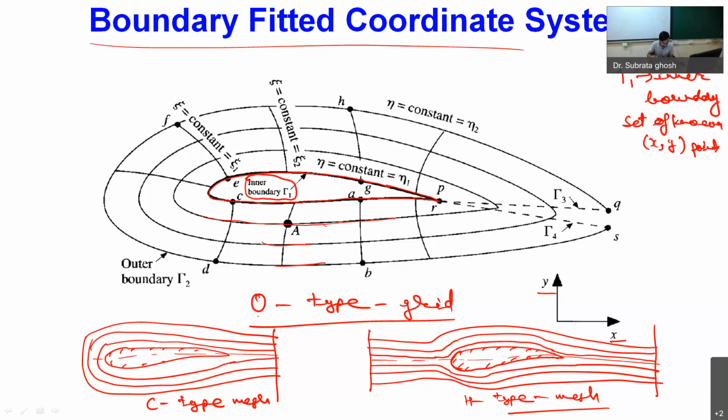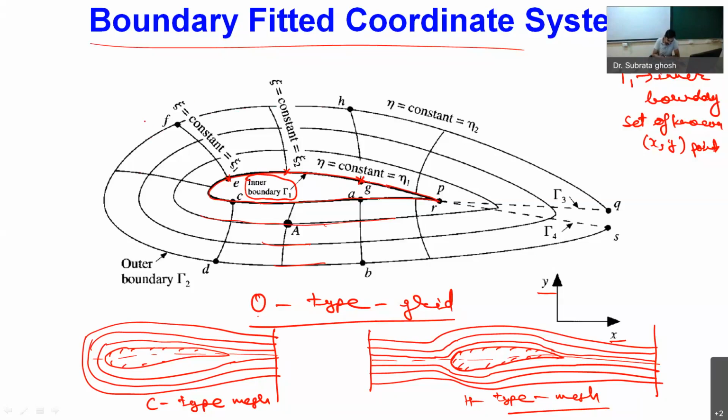For example, at this point E, I have some value of XY. At this point, I have another value of XY, and at this point, another value of XY. And the locus of all these points, whenever it is joined with a curve, is actually defining our curve gamma 1. Similarly, we define the outer boundary of the mesh.